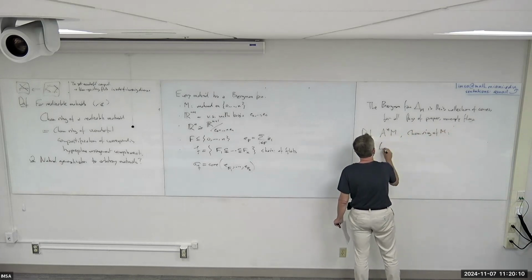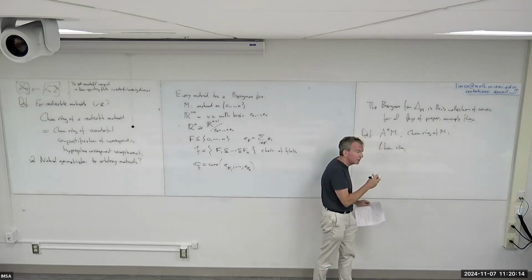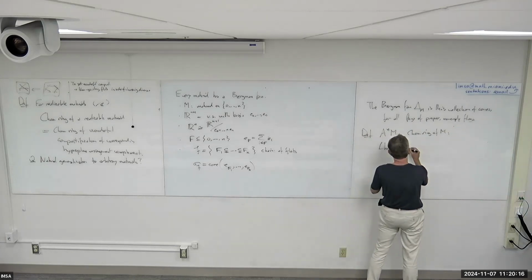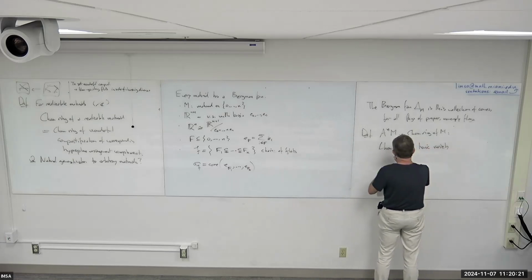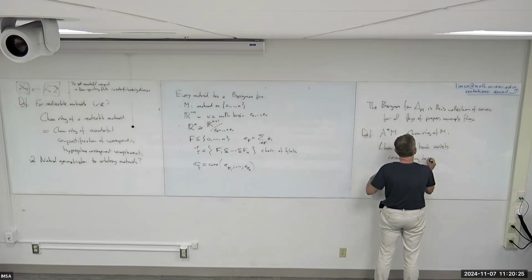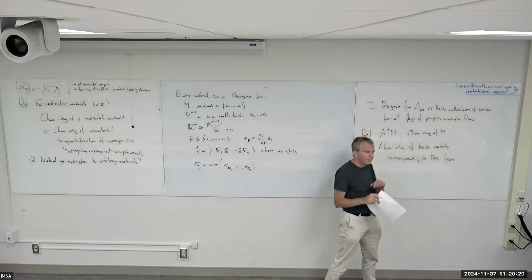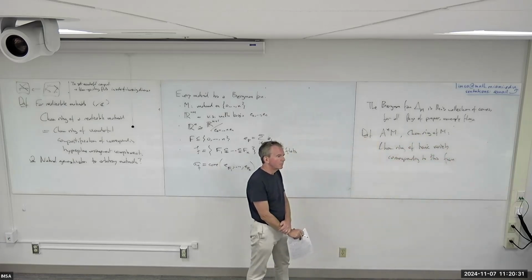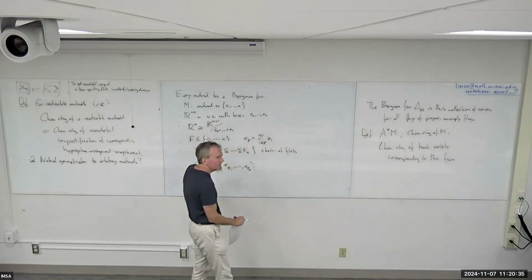That is the Chow ring of the toric variety corresponding to this fan. So the dimension of the torus is n or something like that?